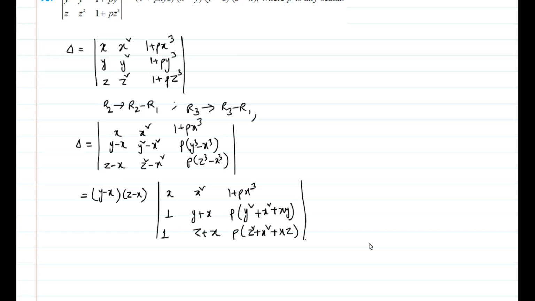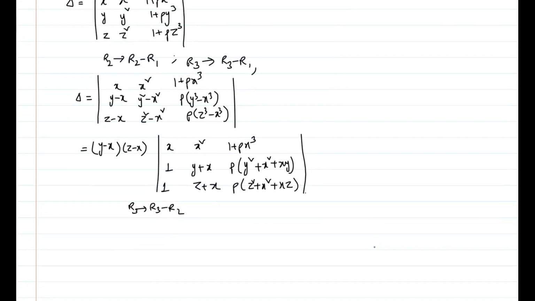So now as you can clearly see that we need to simplify it further. For that we will be transforming the third row to R3 minus R2, and as you can see I'll be getting 0 as the first element of the third row.